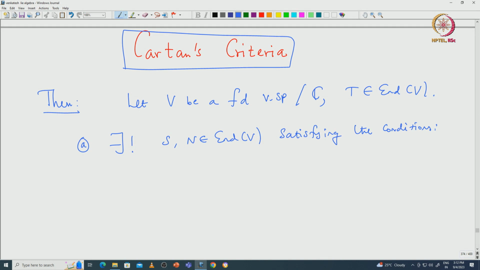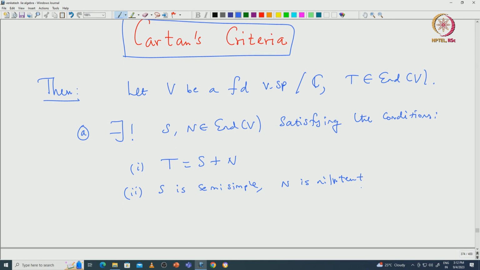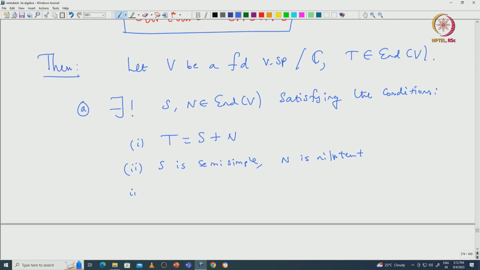The first condition, T can be written as S plus N. The second condition, S is semi-simple, N is nilpotent. The third condition, both of them commute with each other and they also commute with T.